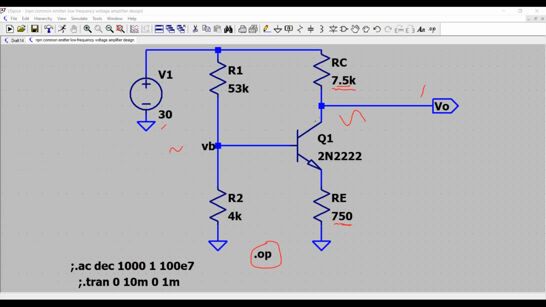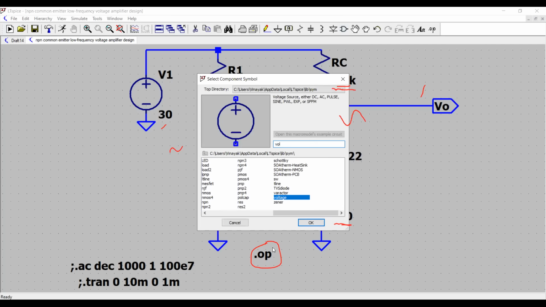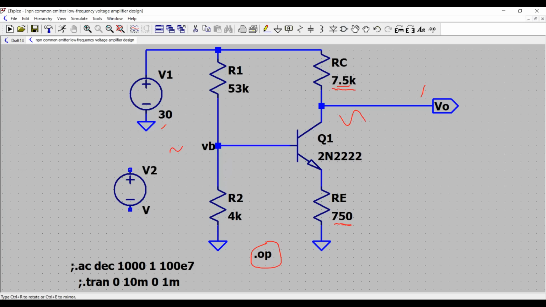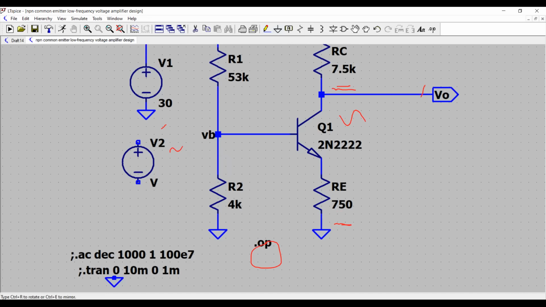Now, the next step is to bring back all the sources, that is the AC sources and the capacitances that we removed from the circuit. So let us bring them back one by one. What I'll do here is go back to the component library, click voltage, and place that voltage source right over here, then press escape, then click ground right here.